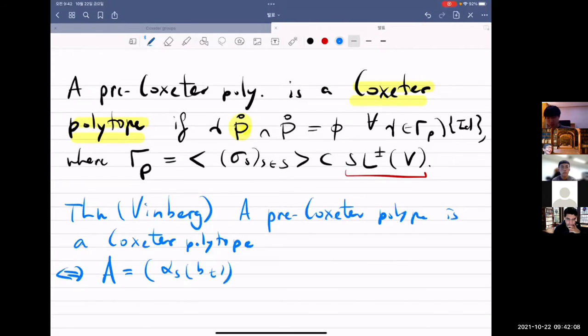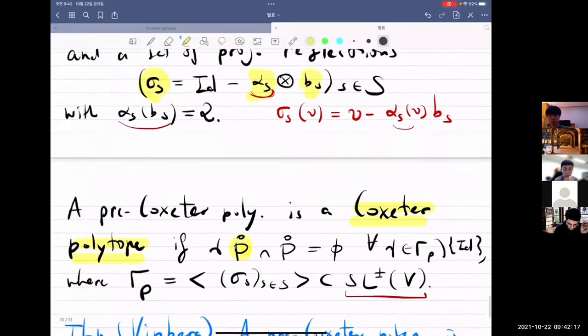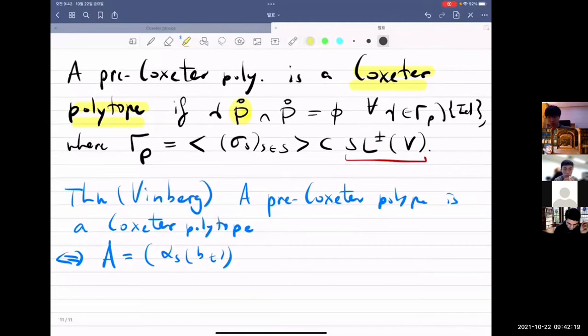You remember the pre-Coxeter polytope has these reflections, so here the linear functional and the vector, right? Using those, we can have a matrix A_ST for s, t in S, right? And this matrix is a Cartan matrix.